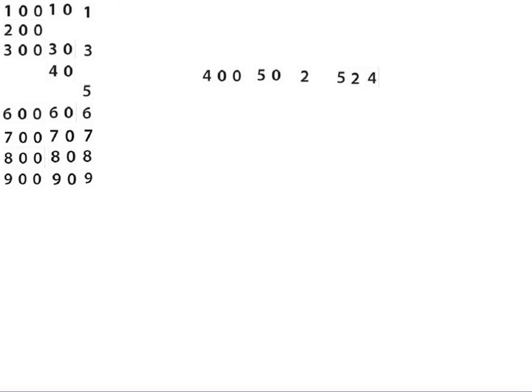The same numbers are being used in each of these two numbers. We have a 5, we have a 2, we have a 4. If we break it down and we start to look at it as 400 compared to 500, then the students know that 400 is made of 4 100s, 500 is made of 5 100s, so 452 is less than 524.